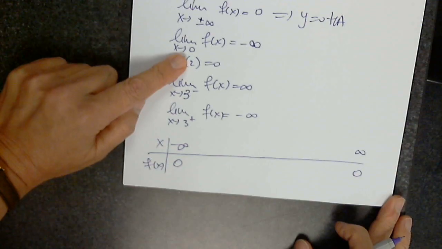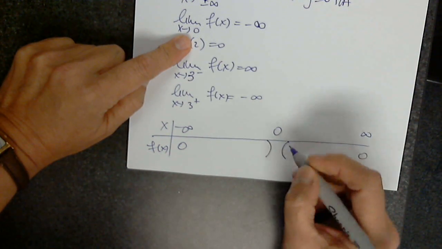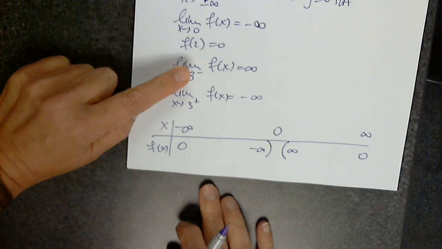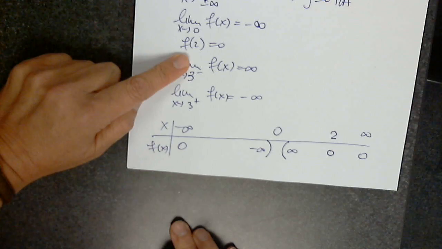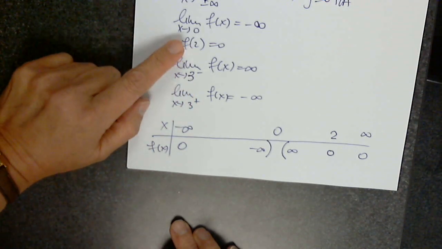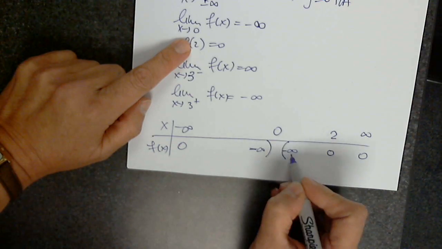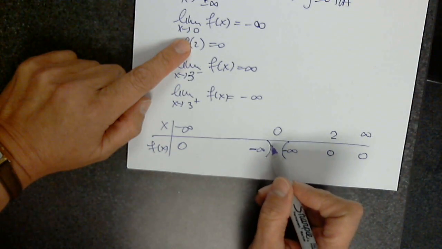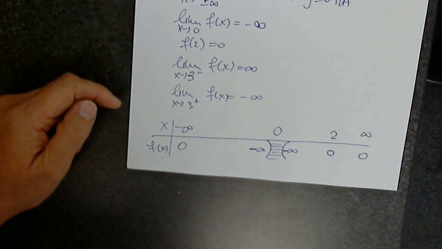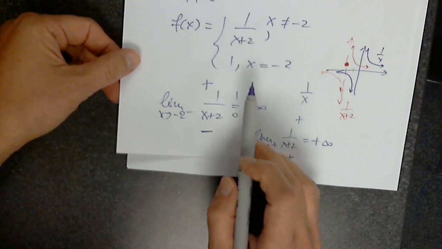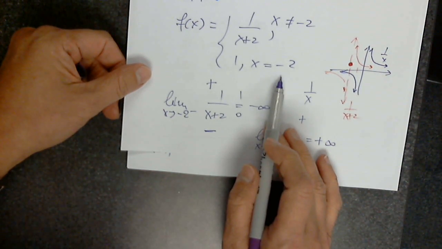Limit from either side of 0. F of 2 is 0. So if the limit at 0 from either side is negative infinity, then the function cannot be defined here, unless it's defined separately like the other function before, but it doesn't say that.